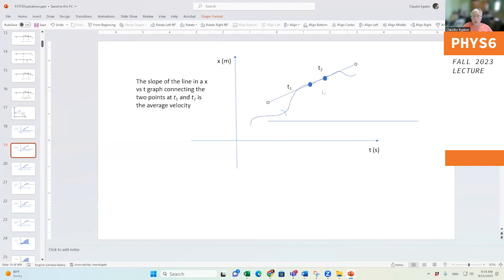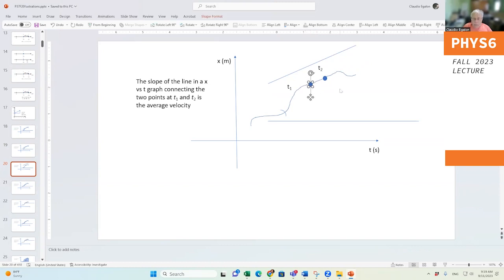Here, the slope of this straight line is going to be the average velocity between those 2 points. If you want to know the instantaneous velocity at t equal to t2, what do you have to do?